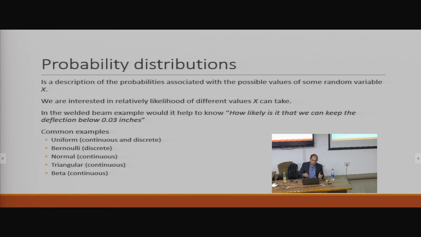So common examples of distributions that we see are uniform. A uniform distribution can be continuous or discrete. Bernoulli distribution, a normal distribution, which is a continuous distribution, triangular distribution, beta distribution, Weibull distribution. There are many distributions, right?